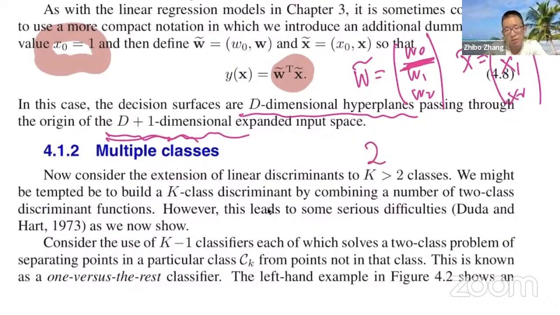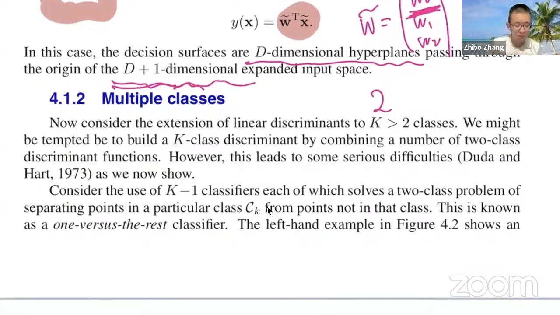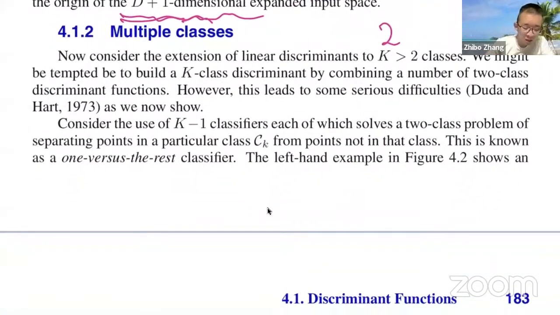It looks three-dimensional, but it's not three-dimensional in a real sense, because one of the dimensions is fixed. It's a constant, not a variable. Now the authors, in the next subsection, try to extend this to the multi-class case. So let's look at it.